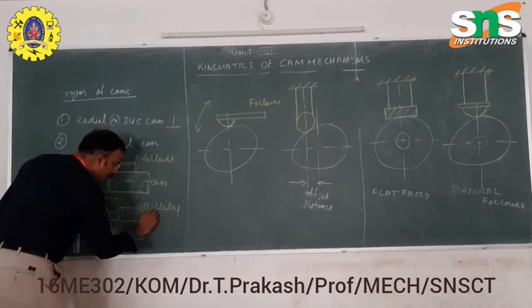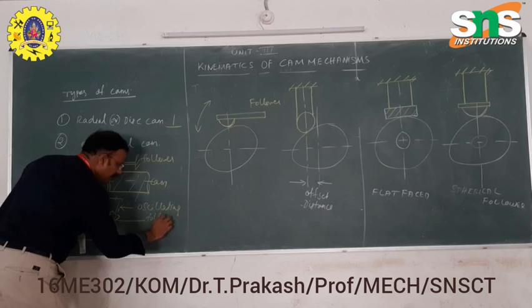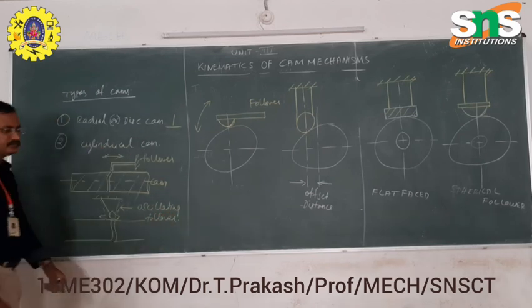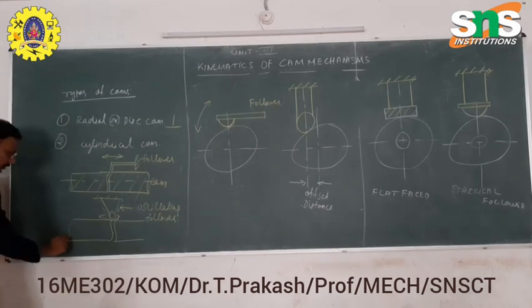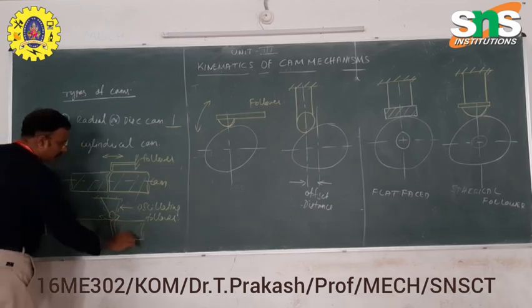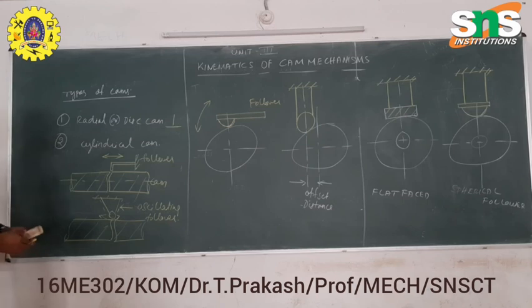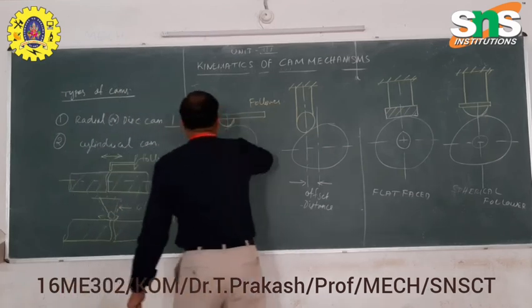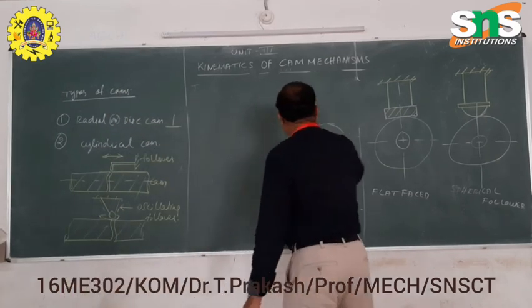It follows the path of the cylindrical cam with an oscillating nature. These are the types of cam, that is radial or disc cam and cylindrical cam. These are some types of all the follower and cams.